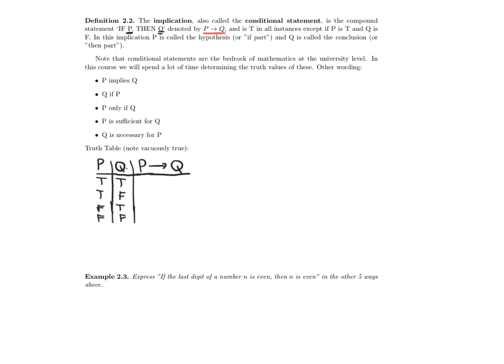Let's explore this a little bit. Let me come up with an example. So maybe something along the lines of: if you get 100% on the midterm, I will give you $1.